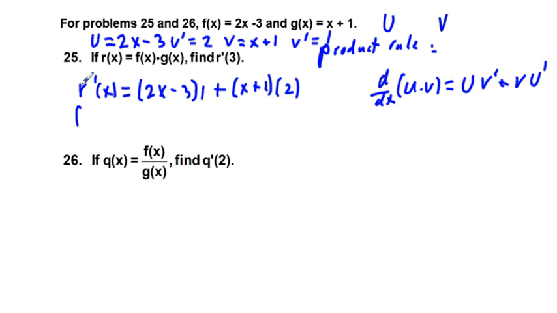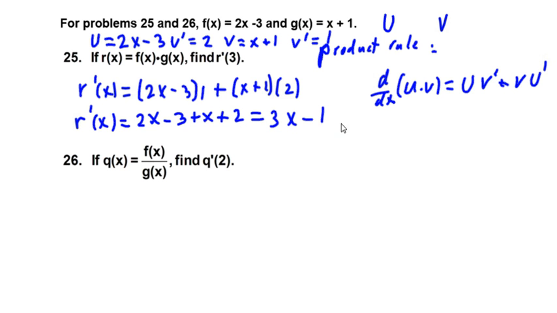So r prime of x equals 2x minus 3 plus x plus 2, which equals, let's see, 3x, and that's going to be negative 3 plus 1, that's going to be minus 1.